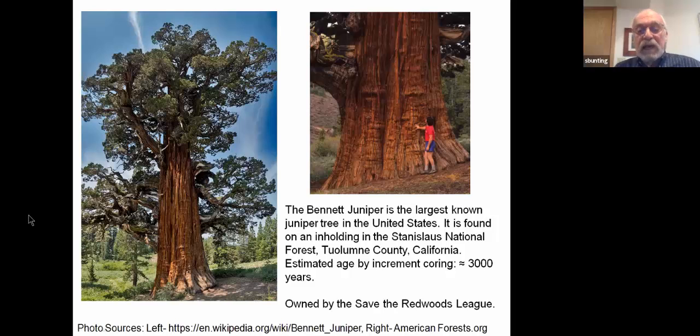As they get older, the apical growth slows down relative to the lateral growth, and so they take on this appearance of much more flat topped or circular in their crown rather than the more typical conical shape. This one has been estimated to be around 3,000 years old, which is incredible. We get some old ones in Idaho, but nothing like this.